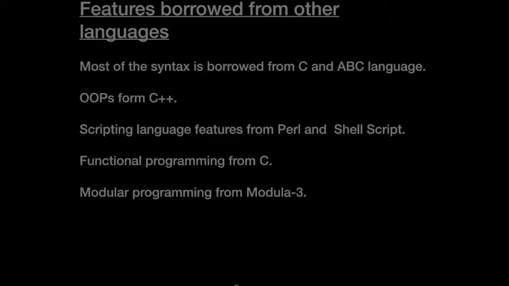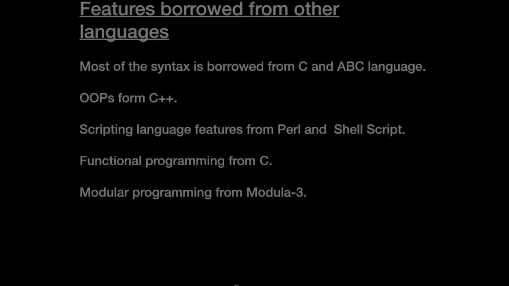Features borrowed from other languages. Well, most of the syntax is borrowed from C and the ABC language. You may not have heard about the ABC language because it's not that popular. OOP is borrowed from C++. A lot of people think that the OOP feature is borrowed from Java.